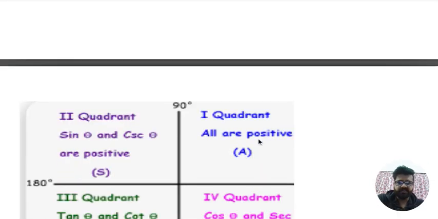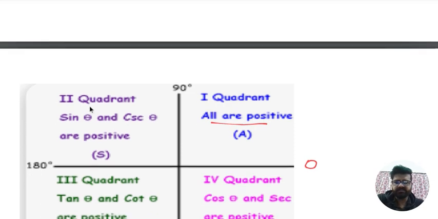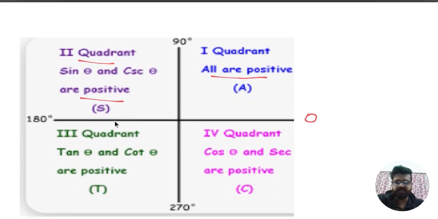Look at here, in the first quadrant all ratios, sin, cos, tan, cot, are positive. So for every angle from 0 to 90 degree, the values of all ratios will be positive. In the second quadrant, sin and cosec will have positive values for all angles between 90 and 180. In the third quadrant, for angles between 180 and 270, tan and cot will have positive values.